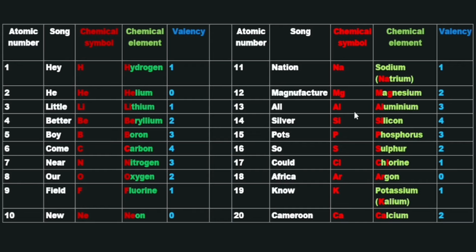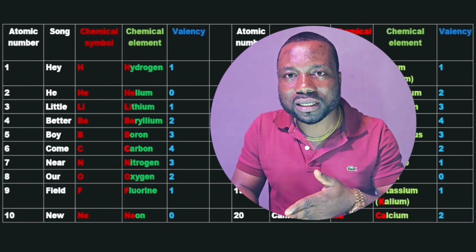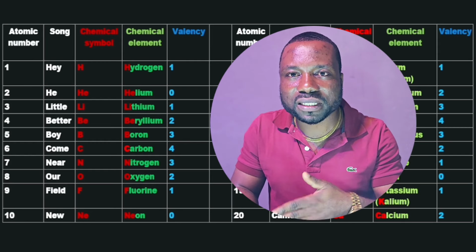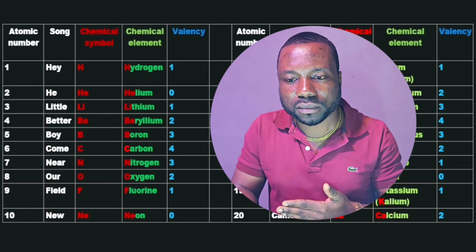If you understand this, you will have no stress when writing the chemical symbols of elements. These symbols are the internationally accepted symbols for the different chemical elements.